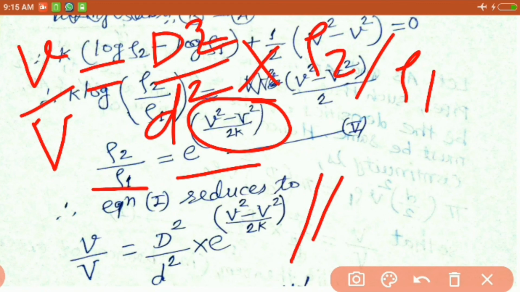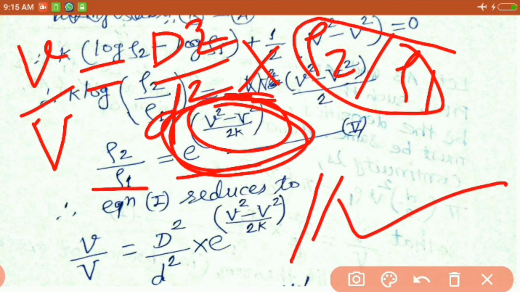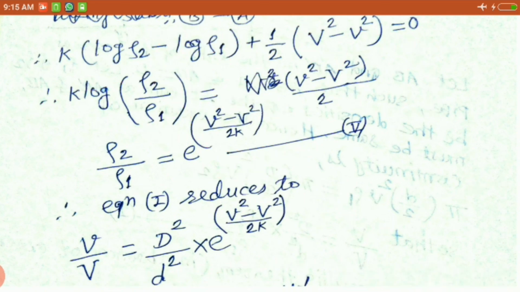We have rho 2 by rho 1 as e to the power this, so in place of rho 2 by rho 1 we can write this, and we get the form which we wanted to prove. Hence we get the solution of this example.